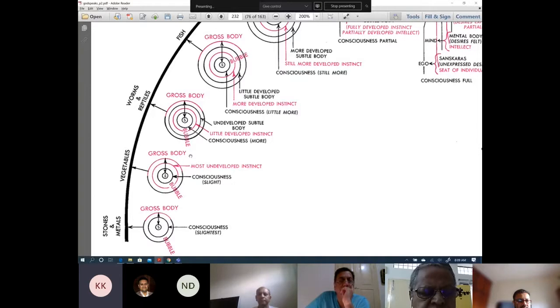So each of those circles, and also I think here it is shown basically the development of the subtle body in the worms and reptiles, and then the development of the mental body only at the human stage.